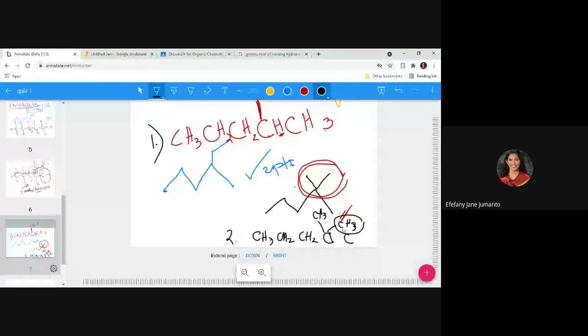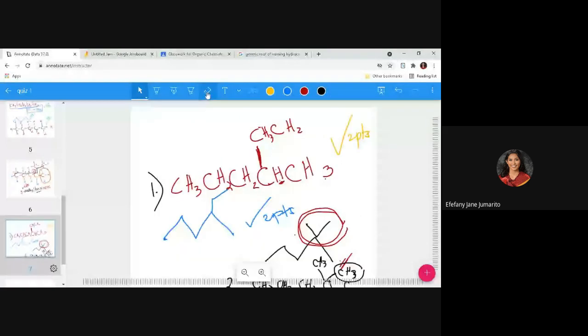Look, there is CH2 here. And if we go here, it is CH3. And when we look back, there is H here, and there is no H here.